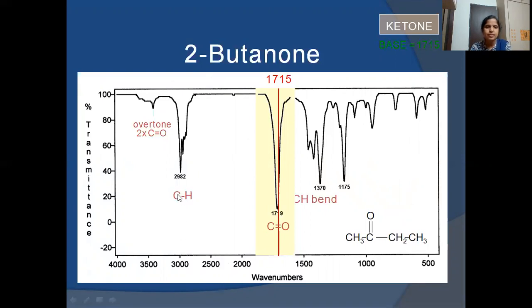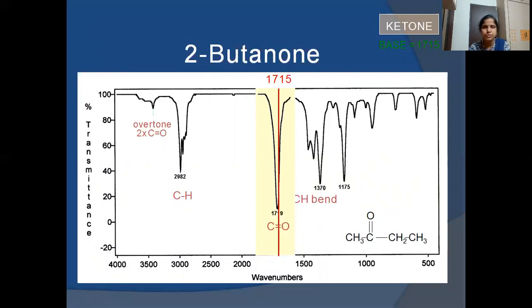Just below 3000, at 2982, there's a band, which is because of sp3 CH. Then we have to look for another intense band at 1715. It is a very strong band, and that strong band gives information that the carbonyl group is present. The other medium bands are because of CH bending vibrations.